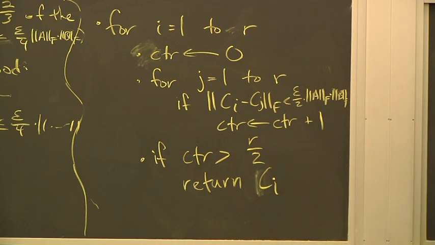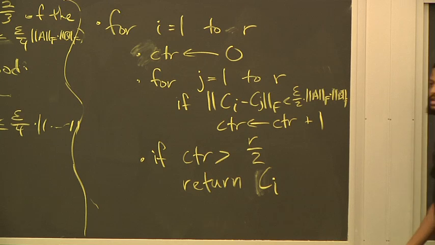So it's close to some good Cj. But if it's close to some good Cj, then it's close to A transpose B by triangle inequality, because its distance to A transpose B is at most its distance to Cj plus the distance from Cj to A transpose B. Both of those are small. So by triangle inequality, it's close to A transpose B.